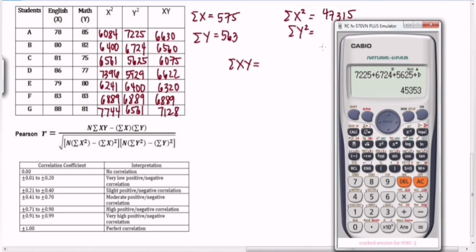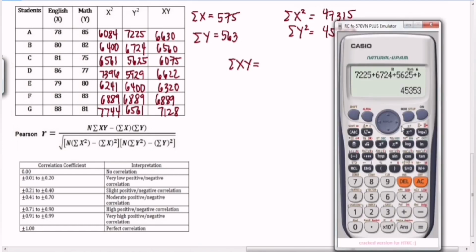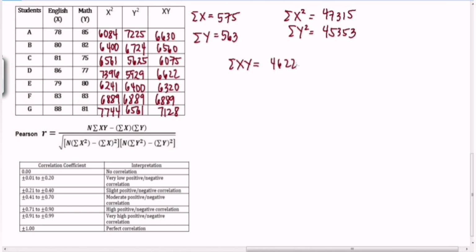So, 45353. And then the last one is the summation of xy. So 6630, 6560, 6075, 6622, 6320, 6889, and 7128. So 46224. Okay? So after that, salpak nyo na sa formula.